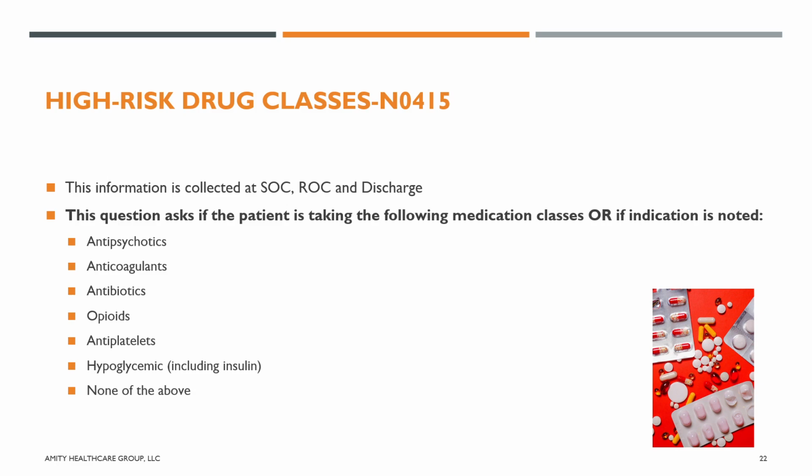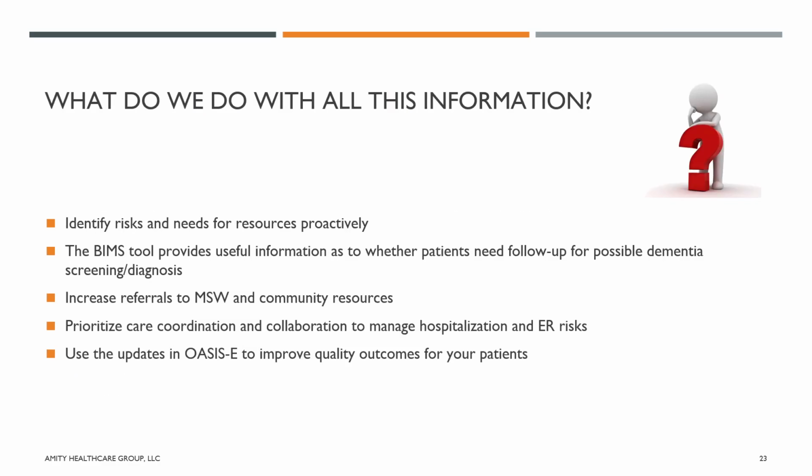So your antipsychotics, anticoagulants, all of them, by the way. Antibiotics, especially if there's an active infection, because that's why they're on an antibiotic most of the time. Opioids, antiplatelets, hypoglycemics, and this does include your insulins, they are high risk, or none of the above. So you're going to be asked to assess to see if they're taking any medications in these classes.